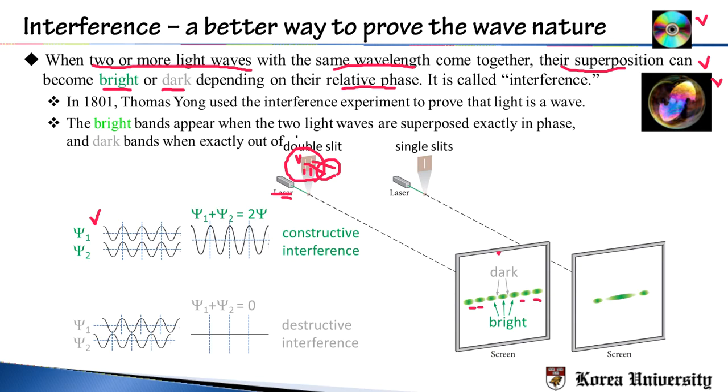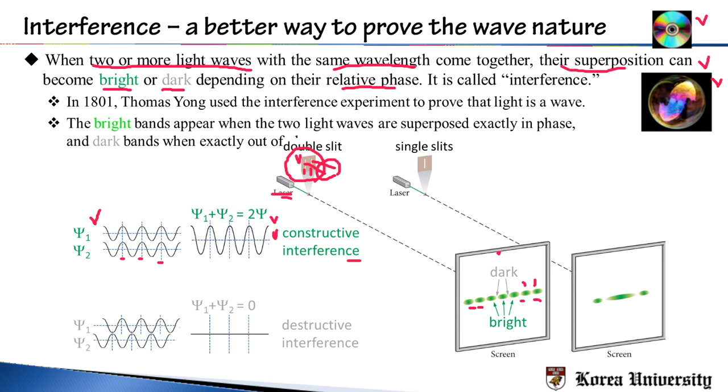When these two light waves arrive, if they are exactly matching in phase, then their superposition will be simply twice each of them. In this case, the amplitude will be twice as strong, and as a result, the intensity will become 4 times stronger, because the intensity is always the square of the amplitude. In this situation, we call it constructive interference. This is how these bright spots appear.